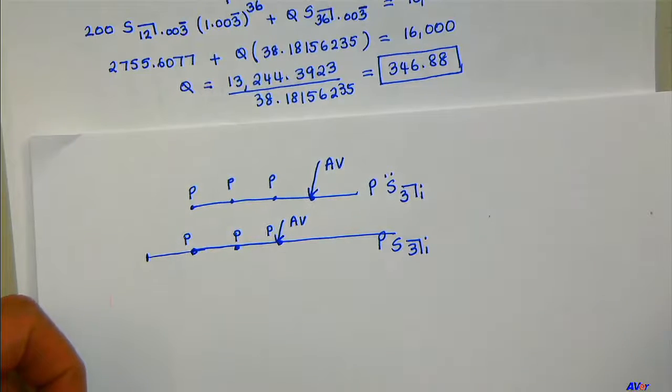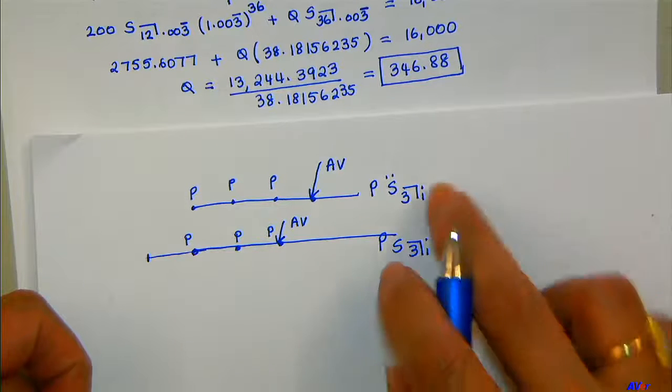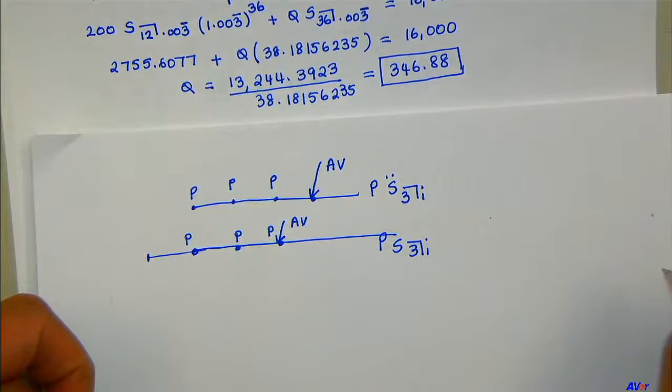Because the last payment occurs at the time when the accumulated value is being looked for, this would be S angle 3 because there are 3 payments. This one would be S double dot angle 3 because I am evaluating this accumulated value 1 period after the last payment.